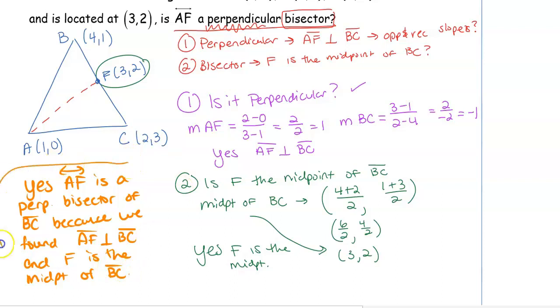It's important to remember that it can't just be one of them, it has to be both of them. The perpendicular bisector holds both properties of the altitude as well as the median.